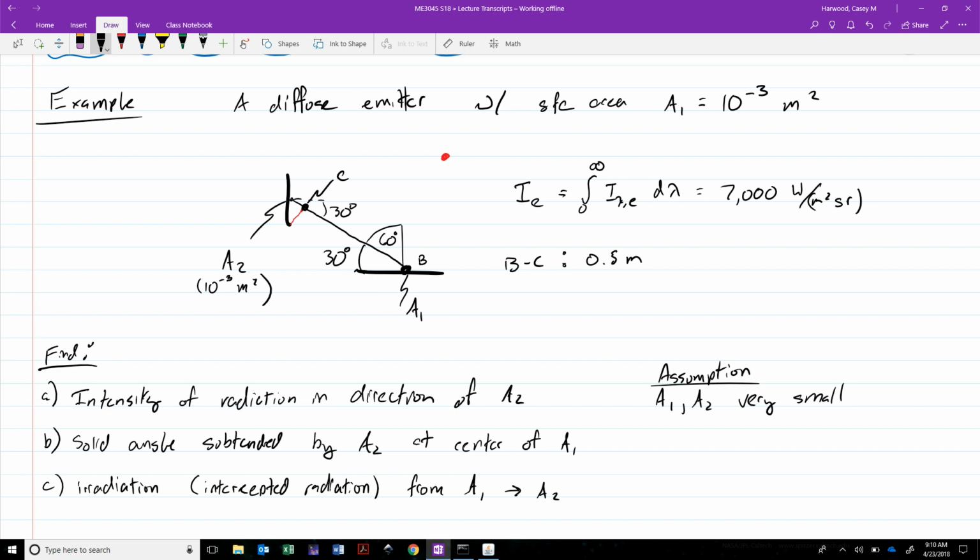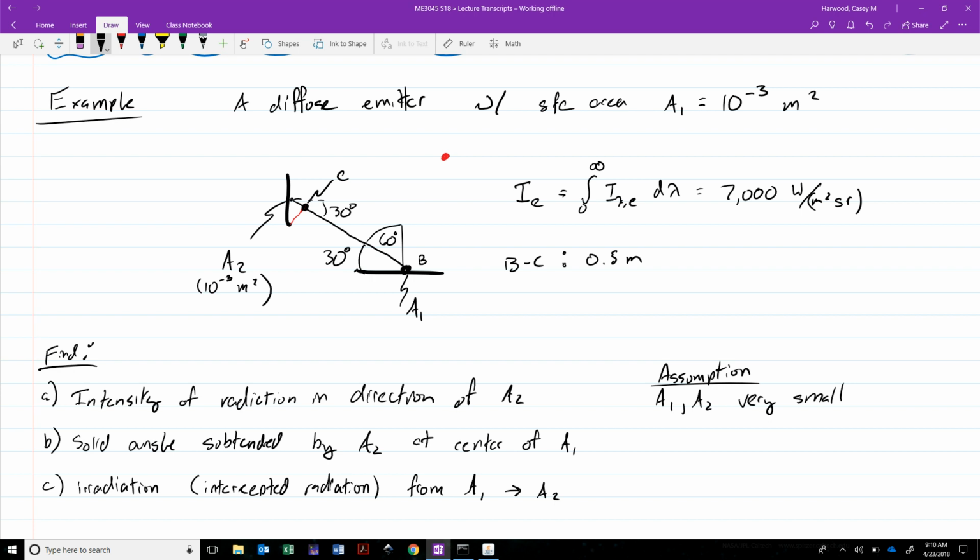And we've been given the radiation intensity at one point in space. So those three things together should tell us that the radiation at any other point in space, in any other direction, is going to be the same as that measured for that little red dot. In other words, the radiation coming off from a point on A1 is going to be 7,000 watts per meter squared steradian, regardless of where it's being measured.